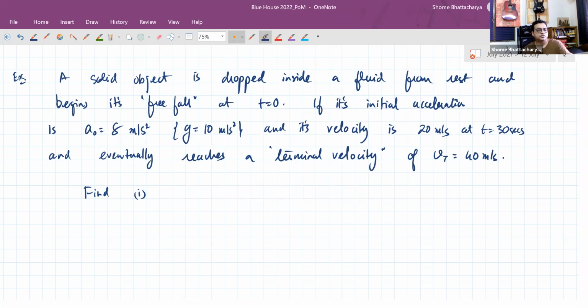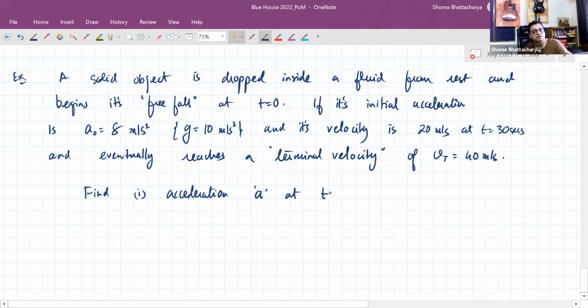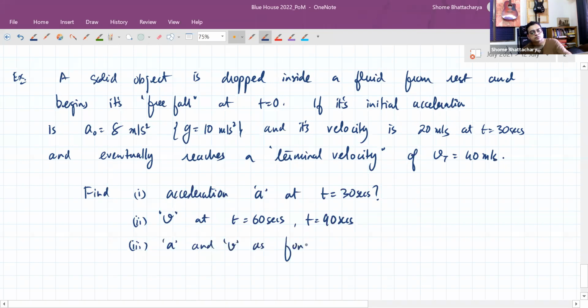Initially, what we'll calculate is we'll find the acceleration A at t equal to 30 seconds. Then secondly, we'll find out the velocity v at t equal to 60 seconds, t equal to 90 seconds, then we'll find out both A and v as functions of time.